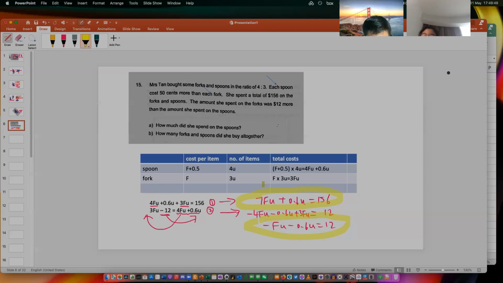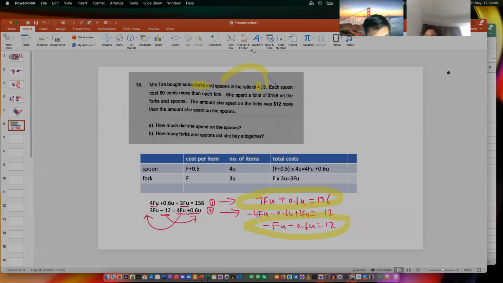Hey, I made a mistake here and you didn't tell me. Over here, the question you must read carefully. Fork is 4, spoon is 3. So spoon is 3U, so this one is 3U. Never mind, let me correct this. So this is 3U, not 4U.